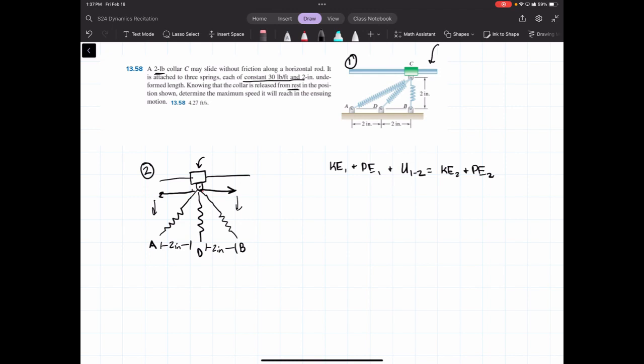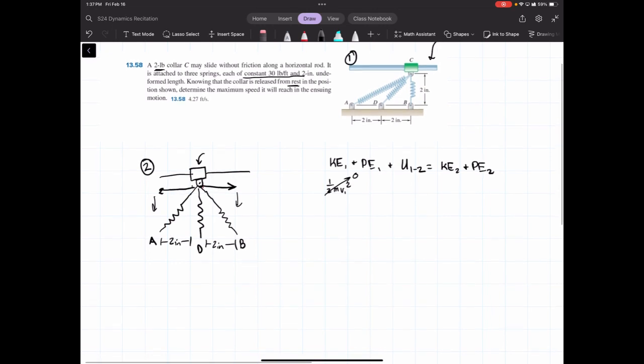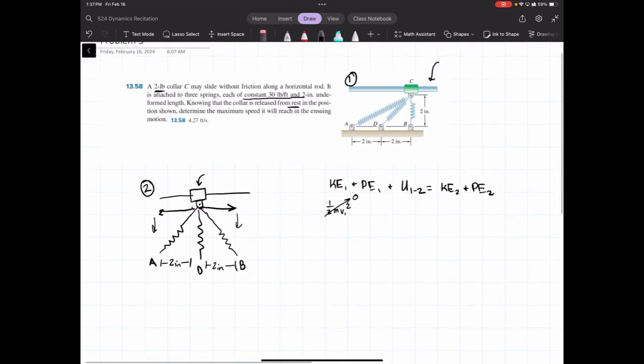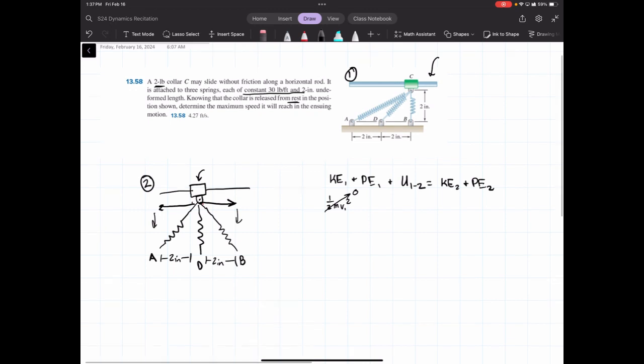And that's important because that means, since kinetic energy is 1/2 mv1 squared, that since it's released from rest, we have no velocity, that term is going to be 0. So our KE1, you might use different letters depending on the class. I think some people use T for kinetic energy. It depends on your professor. So our KE1 is going to equal 0.